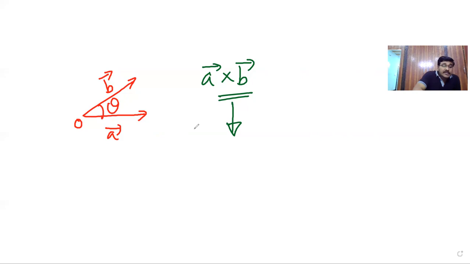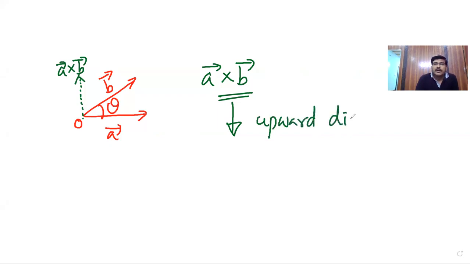That means in this particular case, the direction is upward. This is the direction of A bar cross B bar.